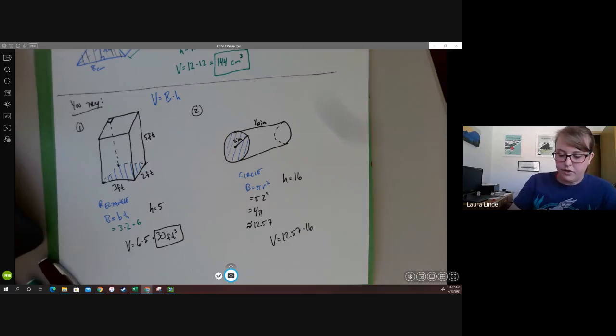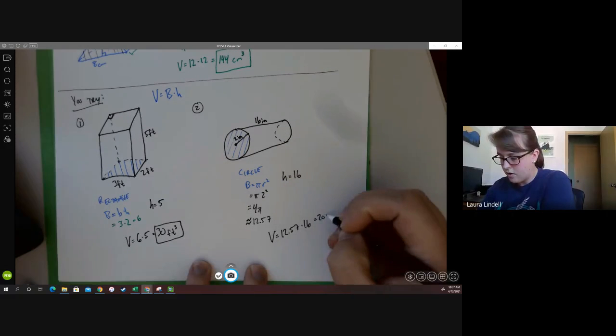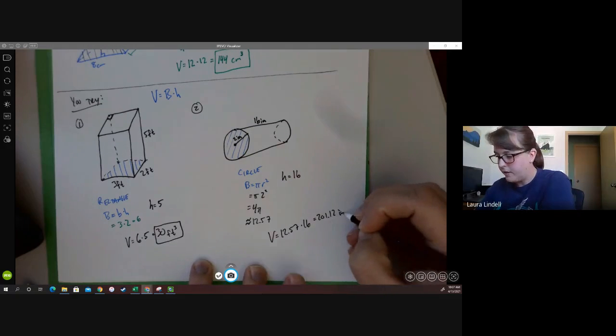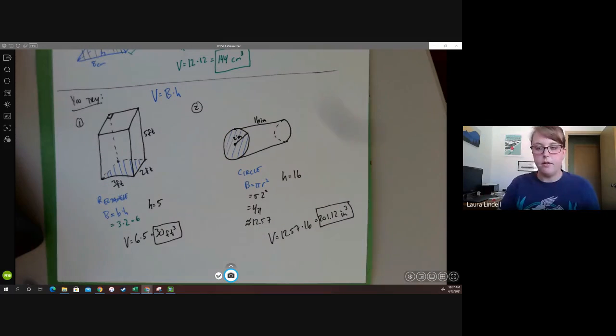All right, so for that, we should get about 201.12. And that would be cubic inches. So if that is what you got, you are doing well.